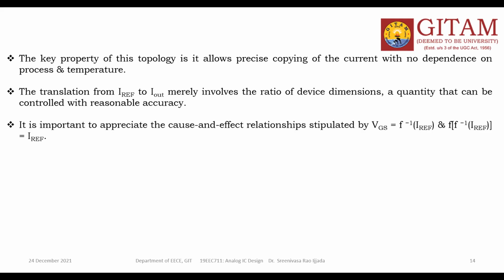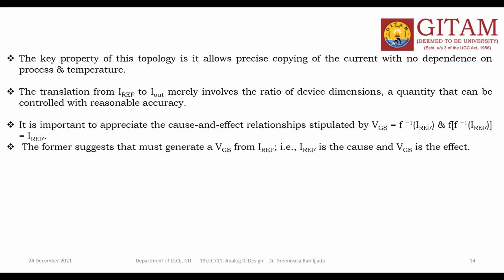Yes, it is important to appreciate the cause and effect relationship. Suppose you take VGS equal to F inverse of I reference, and furthermore at the output, F of F inverse of I reference is equal to I reference. One is at the M1 transistor, and the other at the M2 transistor.